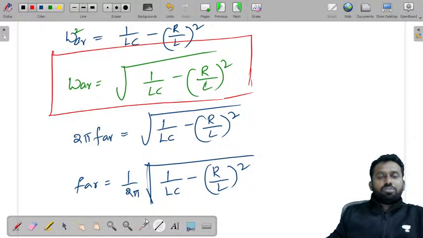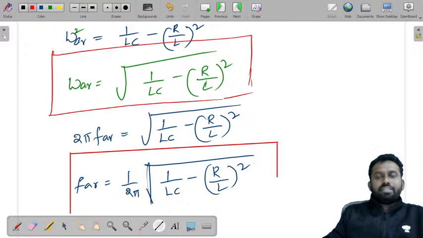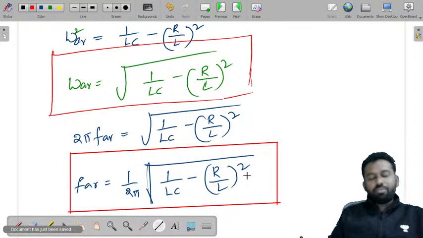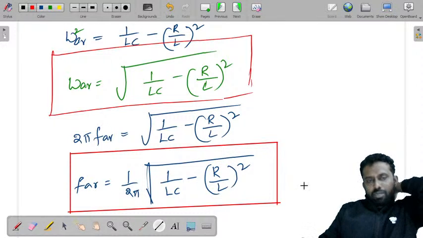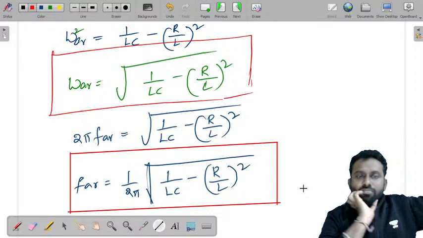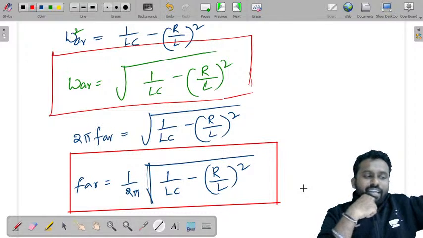This is also the anti-resonant frequency f_ar. So this is how you will determine the anti-resonant frequency of a parallel resonant circuit.